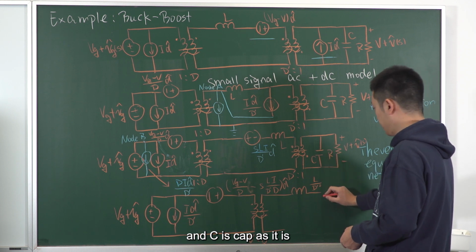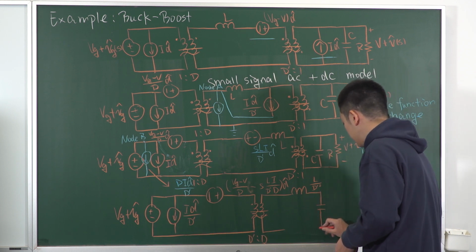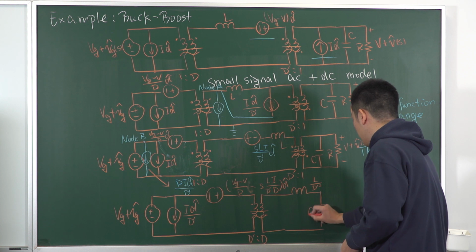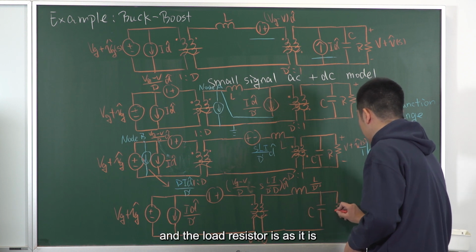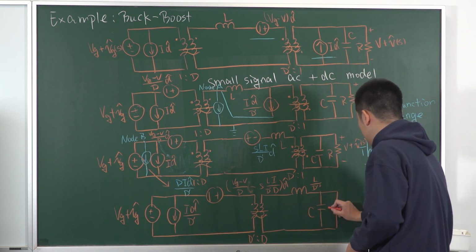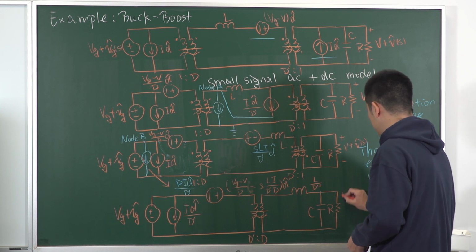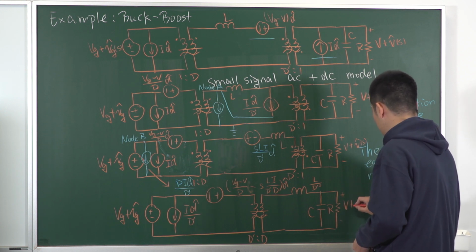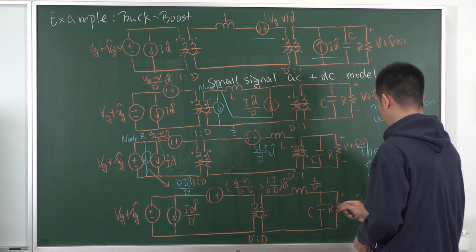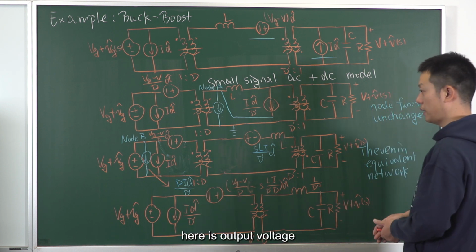And C is kept as it is. And the load resistor is as it is. Here is the output voltage.